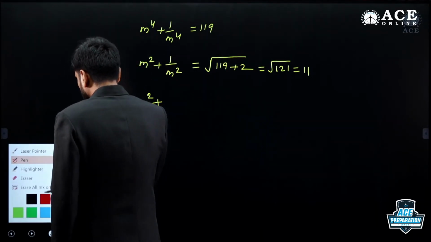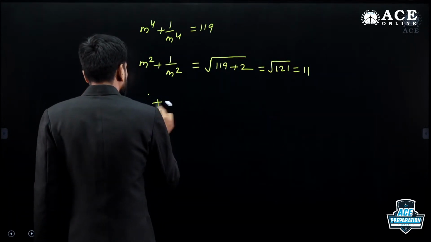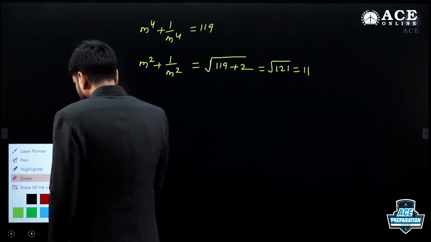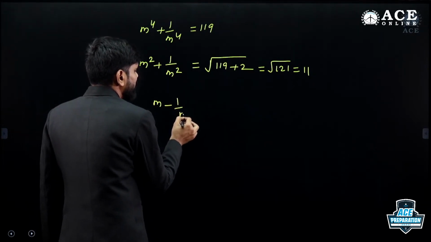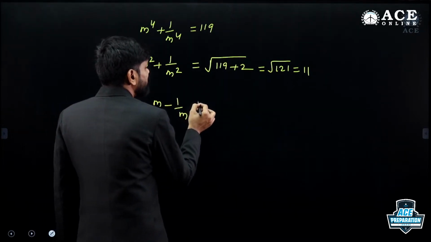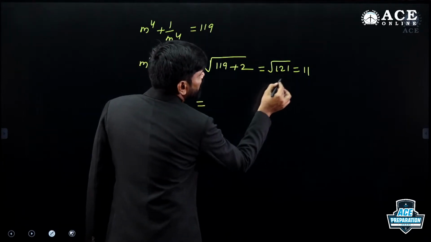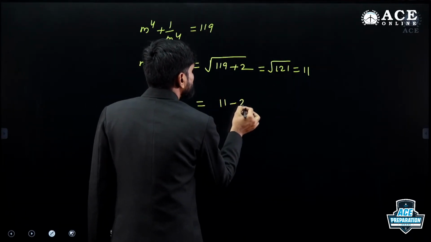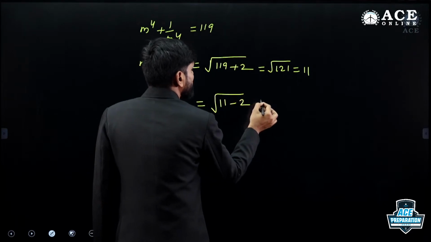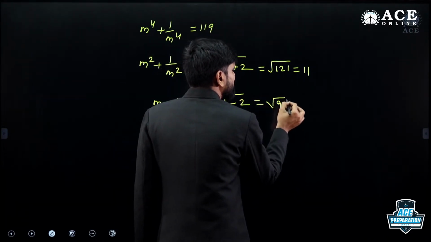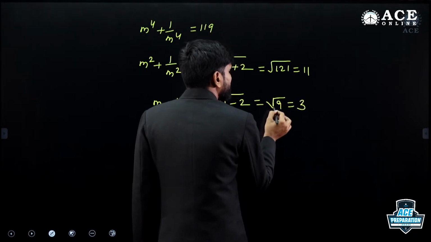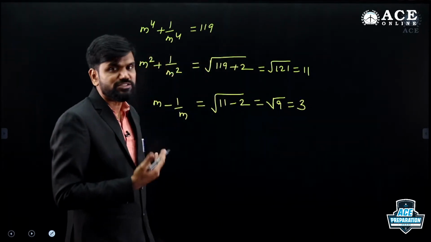So m minus 1 by m whole square you will get, provided you are adding minus 2 on both the sides. M minus 1 by m whole square equal to, I am having 11 over there, minus 2 I will put here. So square root of 11 minus 2, that will become what? Square root of 9. That will become how much? 3.